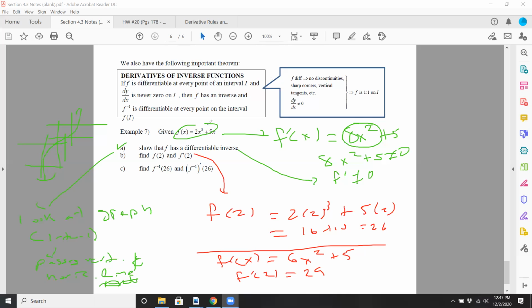And I'll do this in blue. Now, to find the inverse, you could actually, if you want, right now y equals 2x cubed plus 5x. So you could switch x and y. The problem is that isolating y is going to be impossible here. So instead of doing all that, that's not really wise.